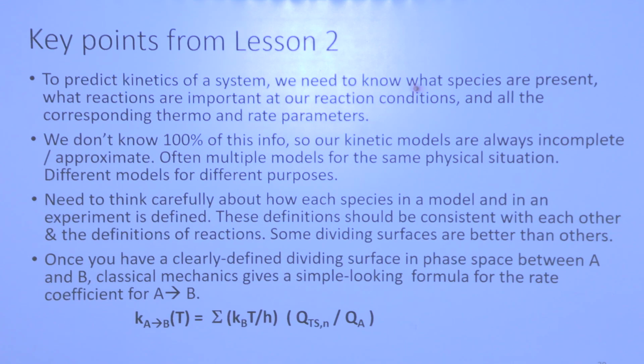In fact, we don't even know what all the species are that are present or all the reactions. So our models can be pretty far off. Often we end up with multiple models for the same molecules, sometimes for different purposes, sometimes just by mistake, sometimes because we're part of the iterative procedure of trying to get them better and better.